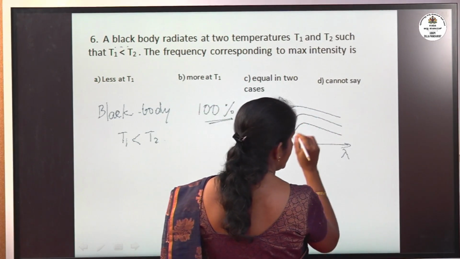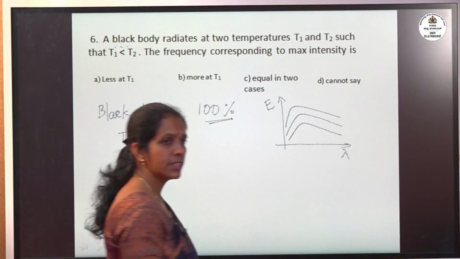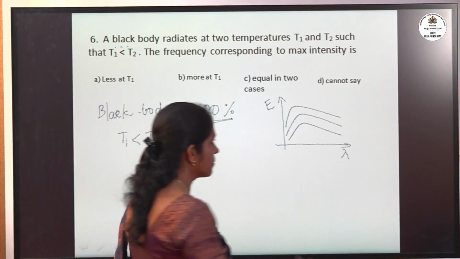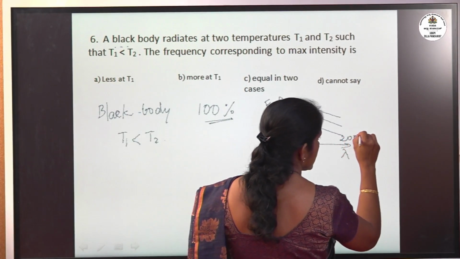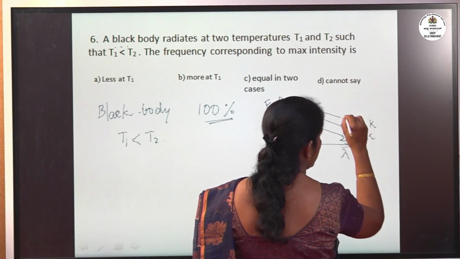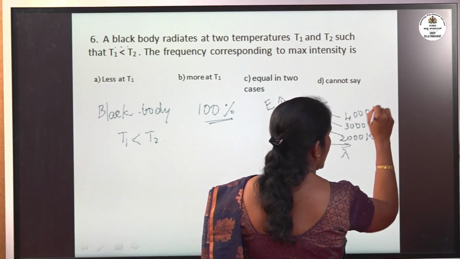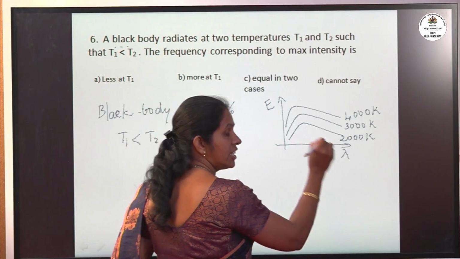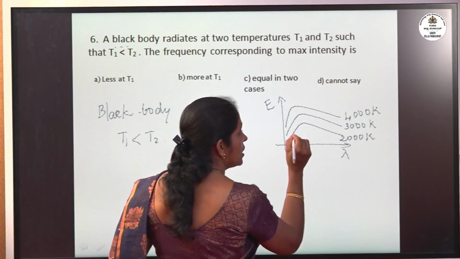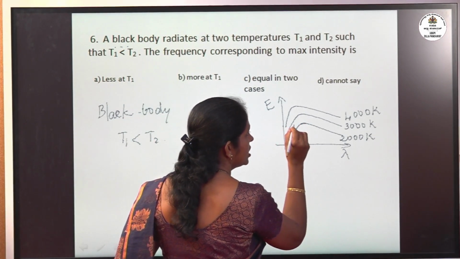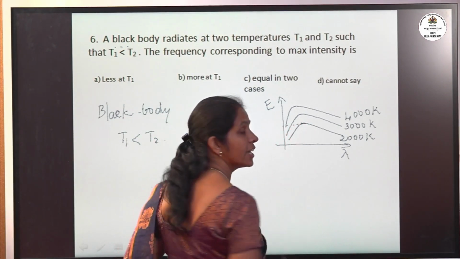This is a continuous curve, which represents that energy emitted is continuous and not of a particular wavelength. At lower temperature, say 2000 Kelvin, as temperature increases, say 3000 Kelvin, 4000 Kelvin. And one more point we can observe is, the graph is a continuous curve and there is one peak point in each graph. Energy of emitted radiation is maximum at one particular point.